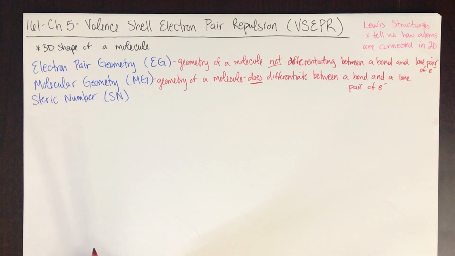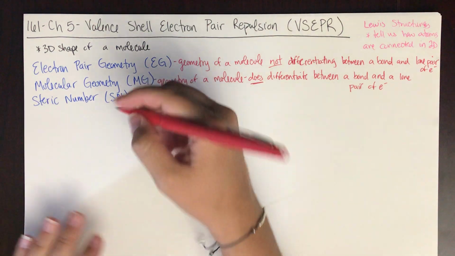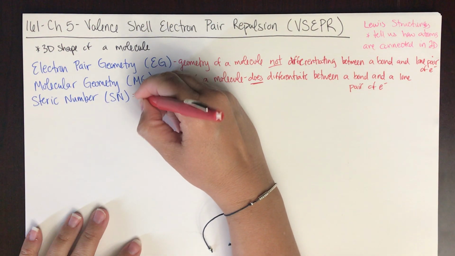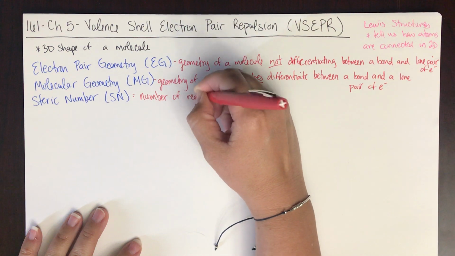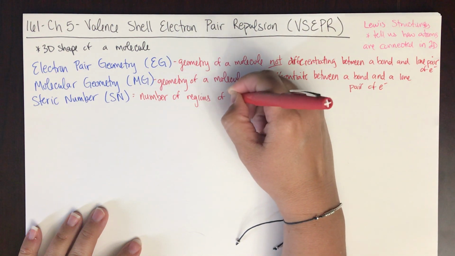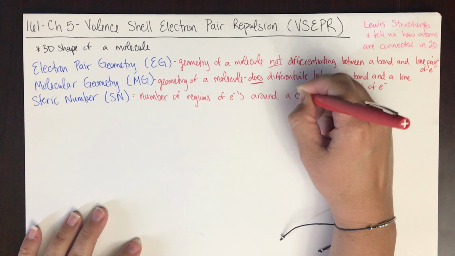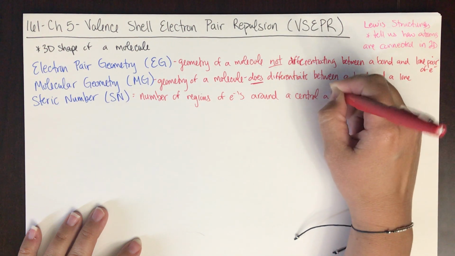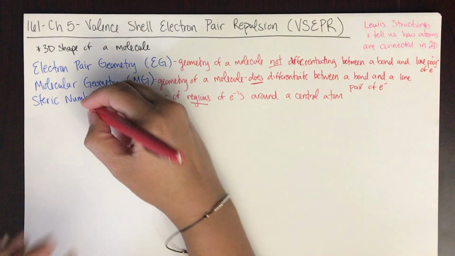And then the steric number is just the number of regions of electrons around a central atom. Number of regions, and this does not differentiate.